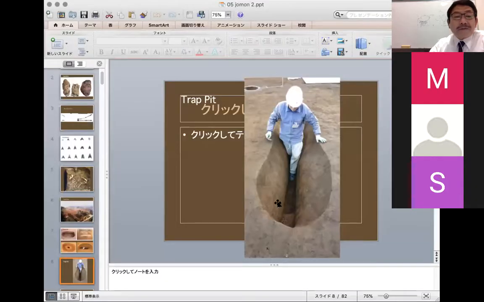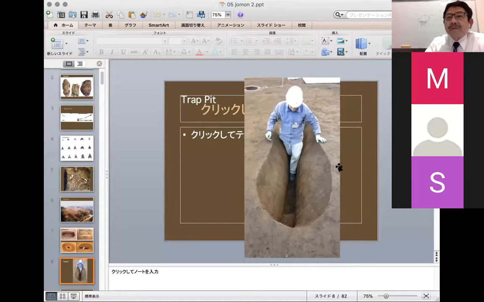So they made so much improvement in hunting too. And of course, not only trap pits, but there are so many other trapping methods using wood, branches, sticks, and ropes, using strings.